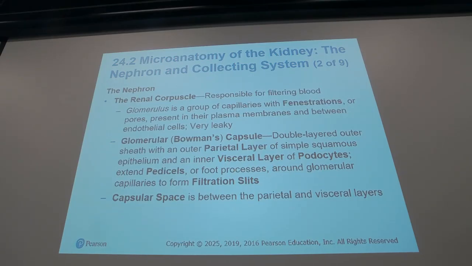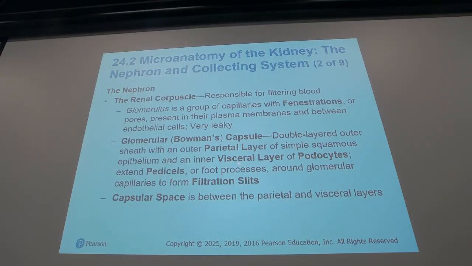So now in the renal corpuscle, we have the glomerulus that are fenestrated capillaries, and you have this filtration membrane that is made by the wall of these capillaries, the basement membrane, and the capsule of the glomerulus.